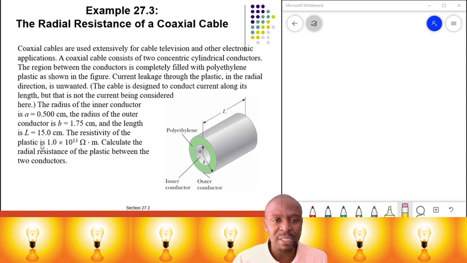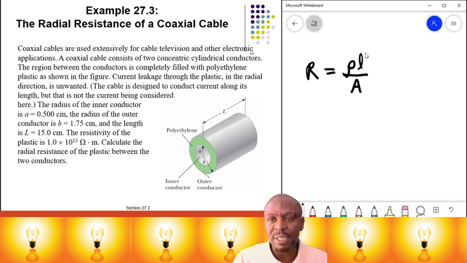The resistivity is given. Now calculate the radial resistance of the plastic between the two conductors, and we are going to apply the same approach. The resistance is nothing else but rho times L divided by A. But in this case, we are not considering the resistance in the direction of L, but the radial resistance.